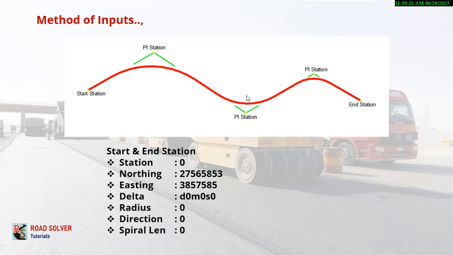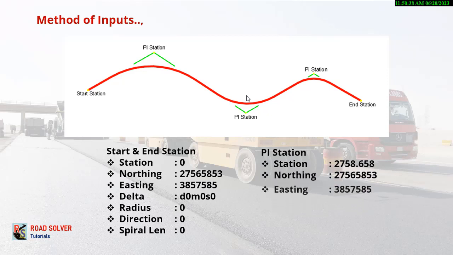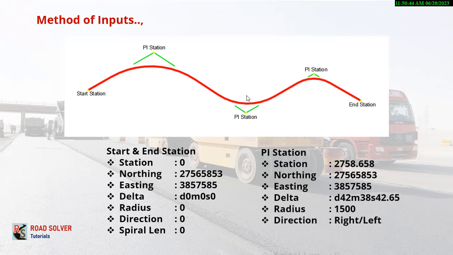For these, the last 4 items we have to use as 0. So first, the station value should be input, and northing and easting should also be input. For the PI stations, we have to give the input of station value, northing, easting and delta, after that radius, then direction and spiral length.